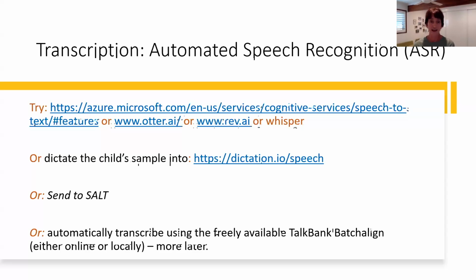The problem there is that it actually doesn't transcribe the child's reformulations, and often it actually corrects the child's grammar and articulation. So that's where it's not always the most useful tool to use.